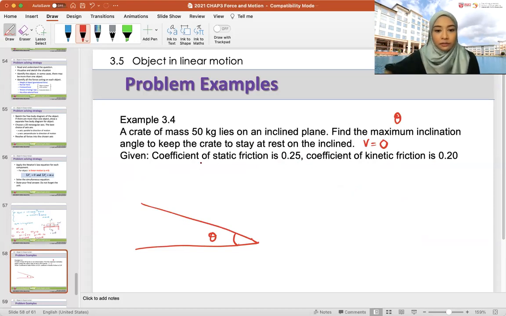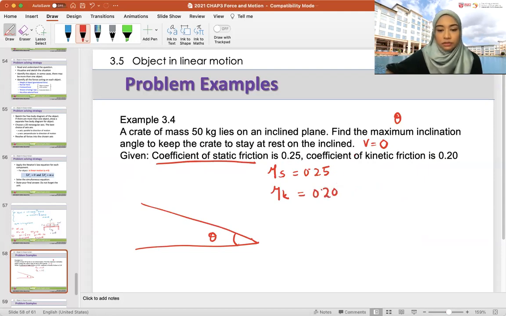Coefficient of static friction is 0.25. Doctor, what is coefficient of static friction? It's mu S, 0.25. Coefficient of kinetic friction is 0.2, mu k. So that is the information that you have from the question.